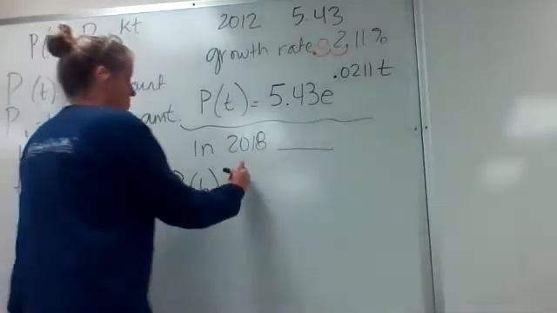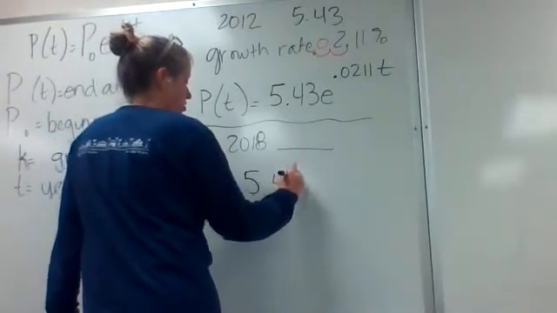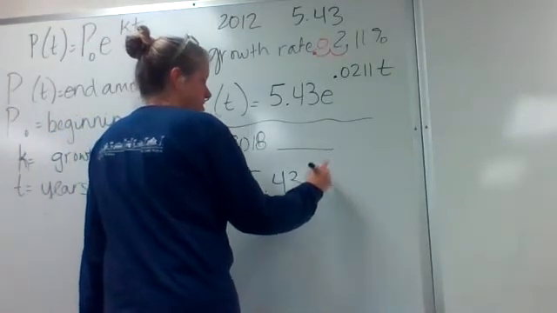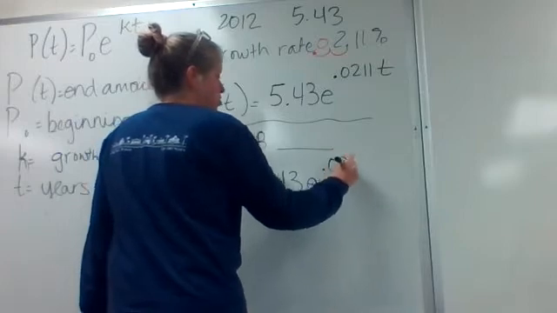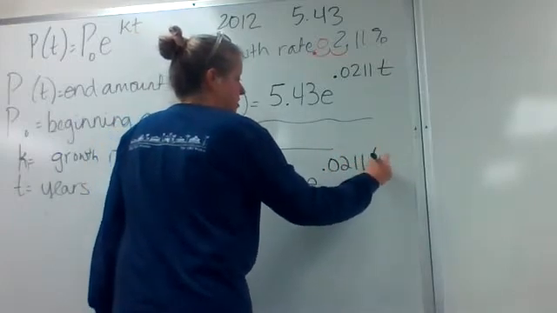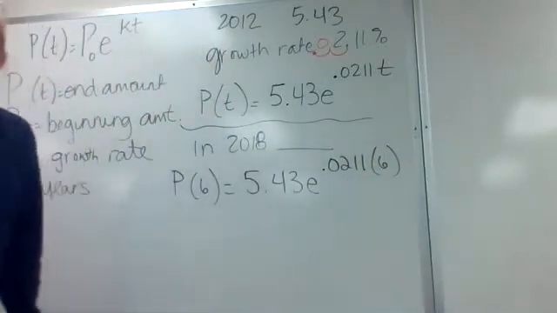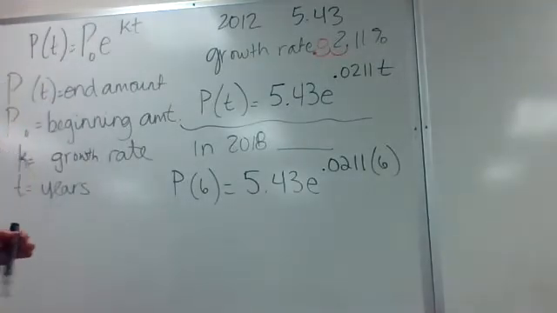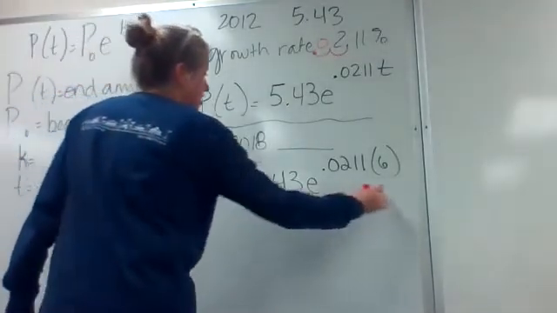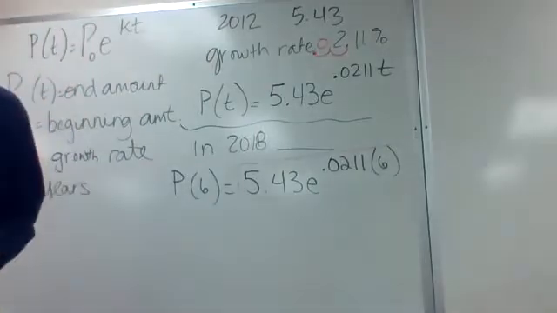So let's see, I've got 5.43 e to the 0.0211 times 6. And you will put exactly this right here in your calculator.